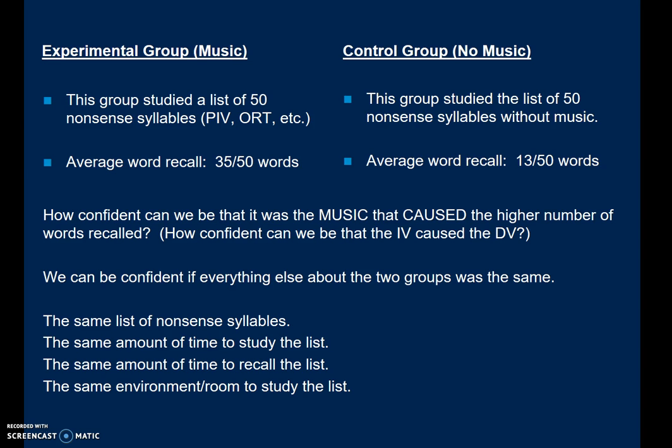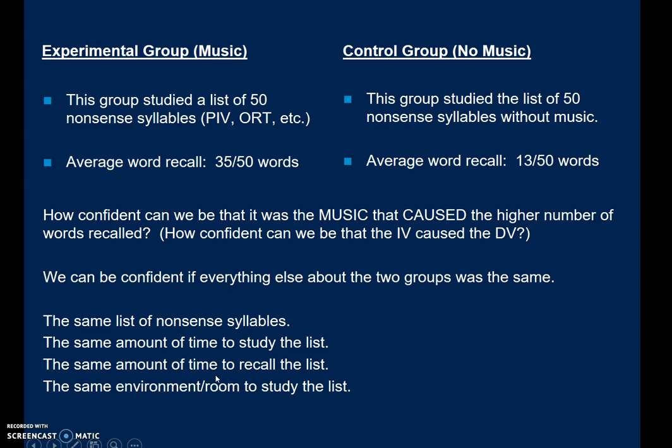And what environment or room was the control group in when they were studying the list of words? We would want those environments to be almost identical, as similar as possible, because you wouldn't want one group to be in a more comfortable, quiet room while they're recalling words than another. That could affect how many words they recall.